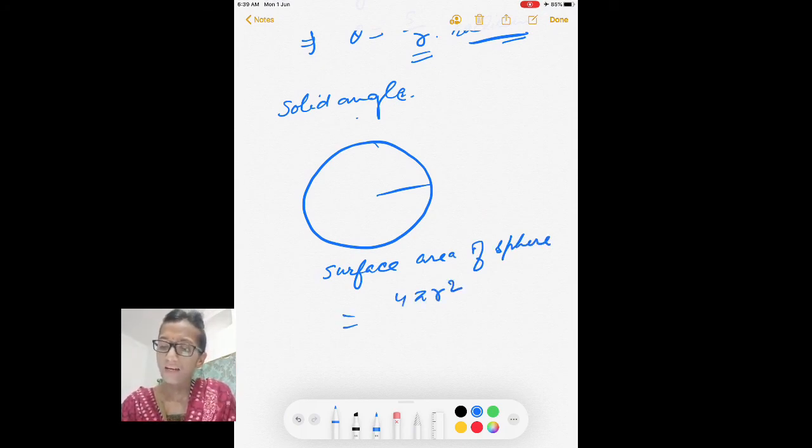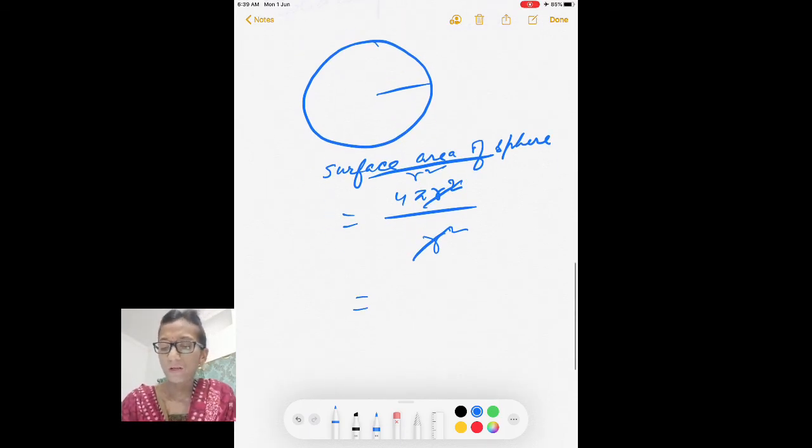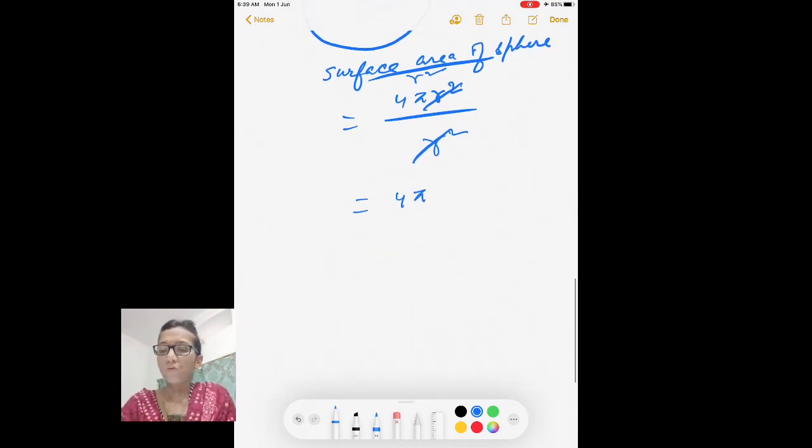And if you divide this by radius square, then you find a constant value, 4 pi. This 4 pi is the complete angle made inside at the center by this sphere.